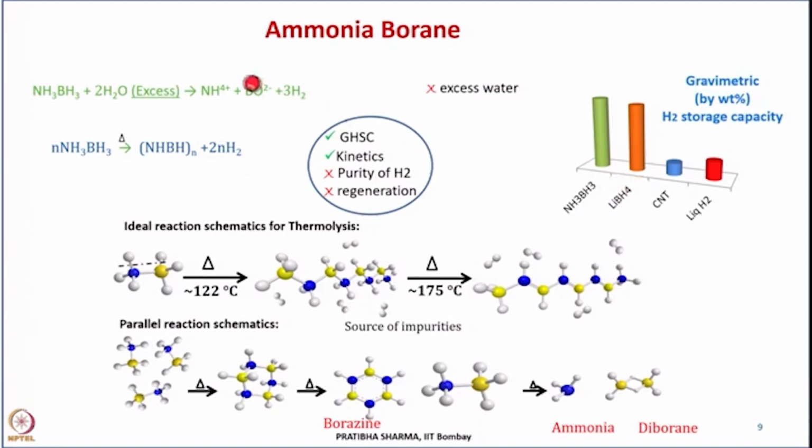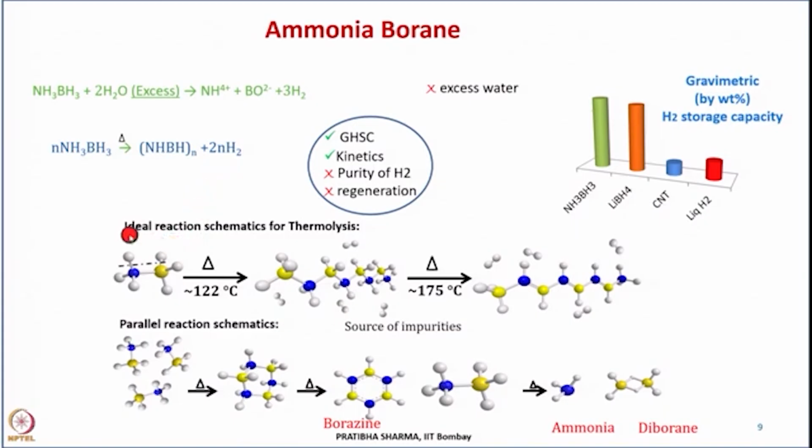So, there are two ways: one we have seen is hydrolysis, another way is that this material undergoes thermolysis to produce hydrogen. Now there are 3 protic hydrogens and 3 hydridic hydrogens, and in every step of decomposition it will give rise to 1 mole of hydrogen.